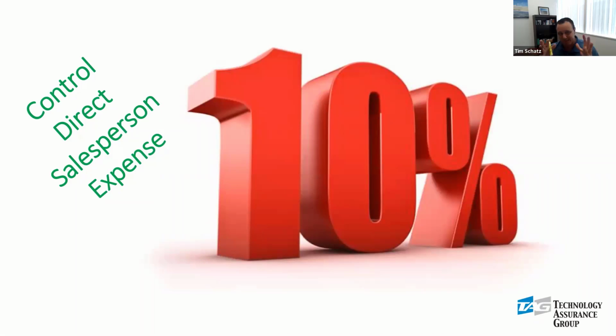For this discipline, when we're selling large fixed price products for a contract bid price, we need to keep our salesperson expense direct compensation. This is not labor load or any of the other advertising budgets or anything like that, but the direct compensation to the salesperson ideally is going to be 10% of the amount of revenue that we brought in.